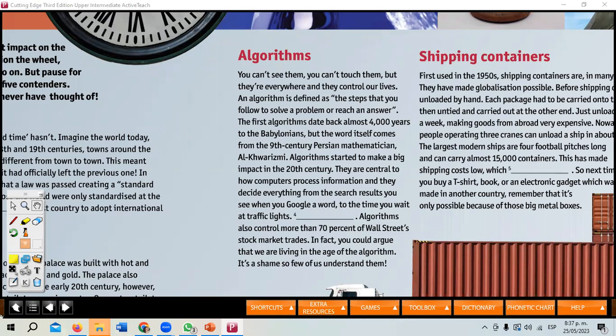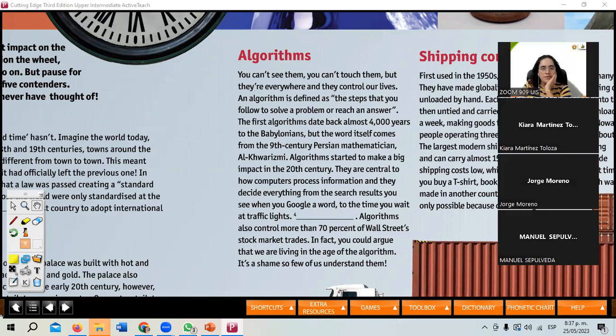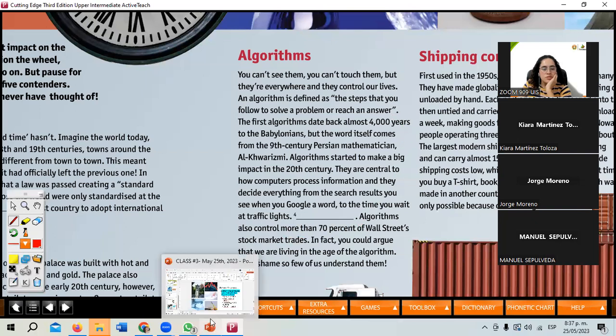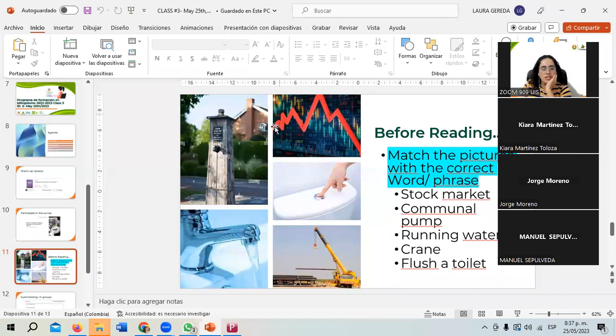All right, very good. So any new words here, guys? Any new vocabulary? Stock market trades. So we already saw stock market.